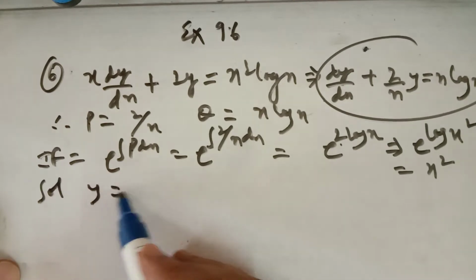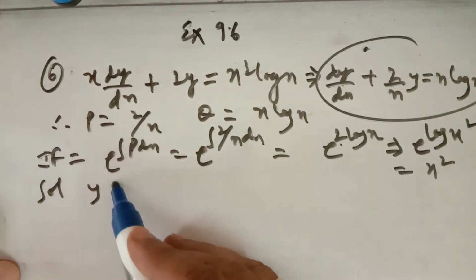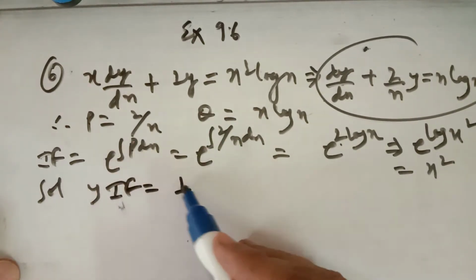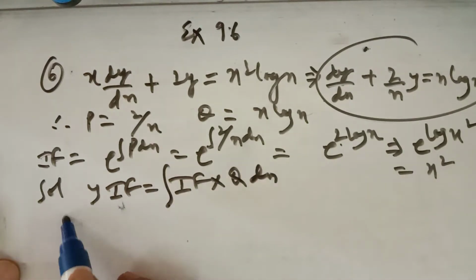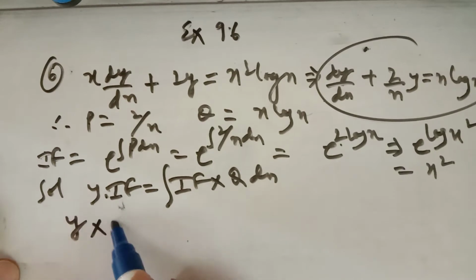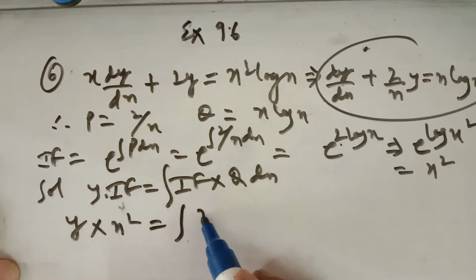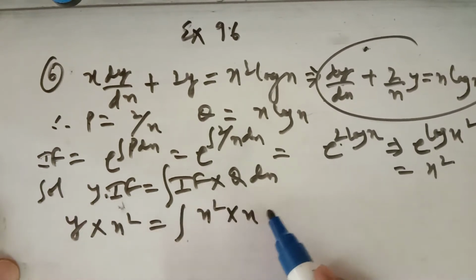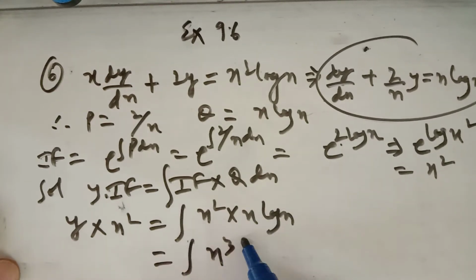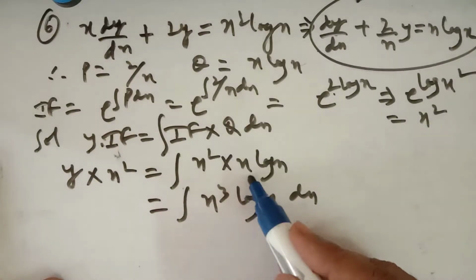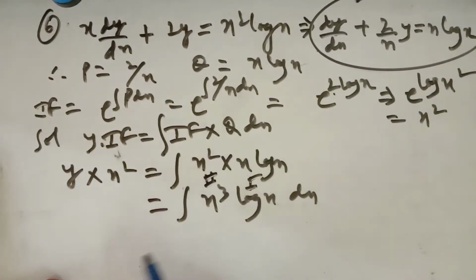Now the solution is y into integrating factor is equal to integral of integrating factor into q with respect to x. So here the integrating factor is x square, and the value of q is x log x, and on the right hand side we get integration by parts, where log x is the first function and x cube is the second function.